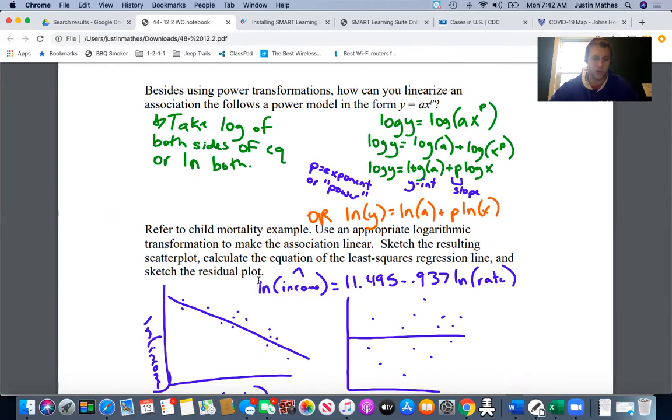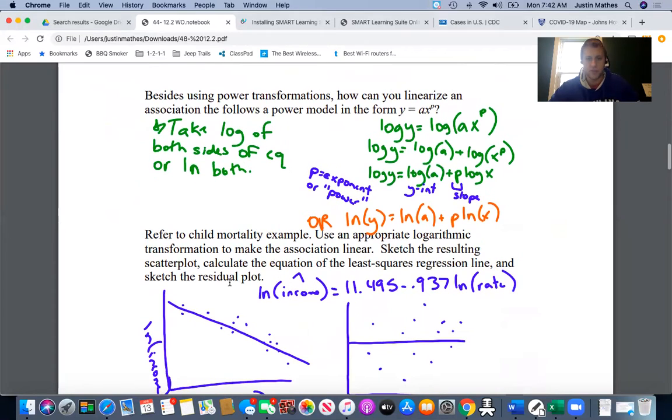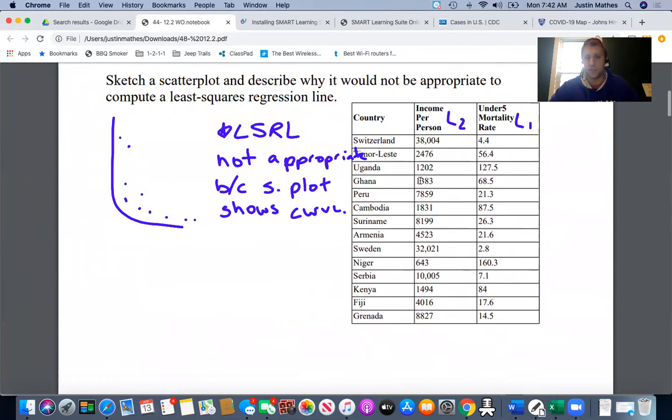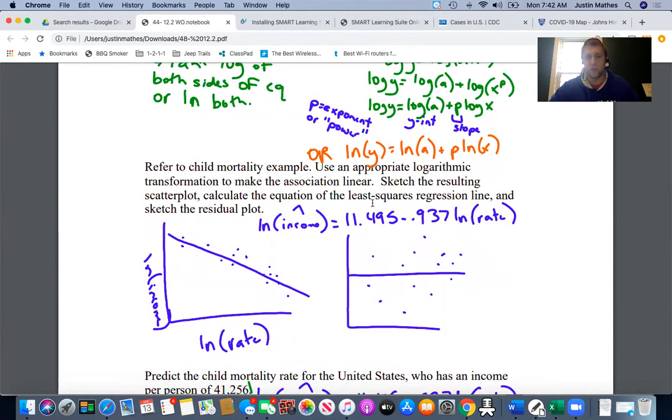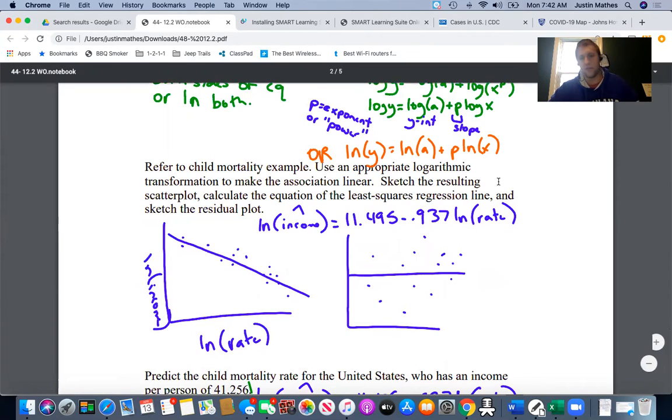Remember, either one will work, natural log or regular log. So this was in L1 and L2. And we took that, we hit linreg on our calculator. It spit out the 11.495 and the 0.937. And then we knew that, hey, I logged the y values and I logged the x values. So we add our logs right there.